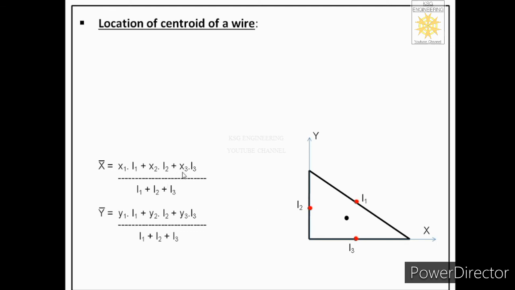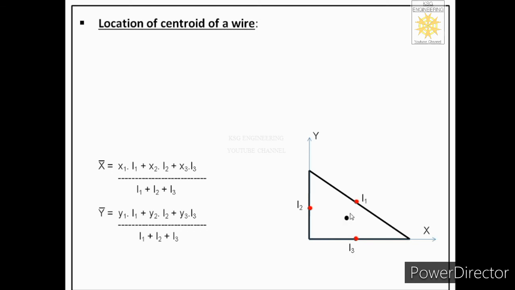Similarly, we have multiplied the distance of centroid of wire 3 from y-axis with its length, divided by the total length of all the 3 wires. So from this formula we will get the coordinate of the centroid of this shape, which is x bar, and it's the distance from y-axis.